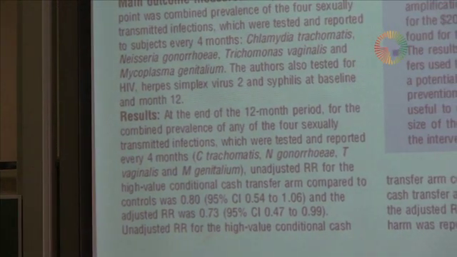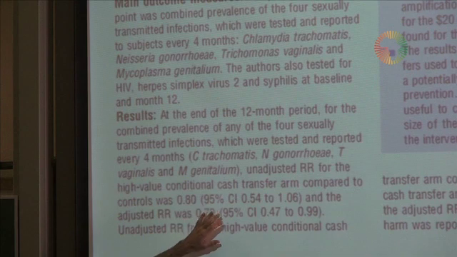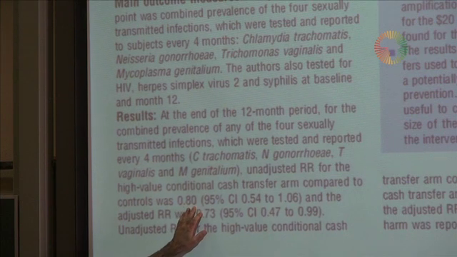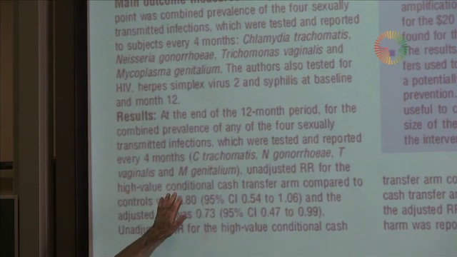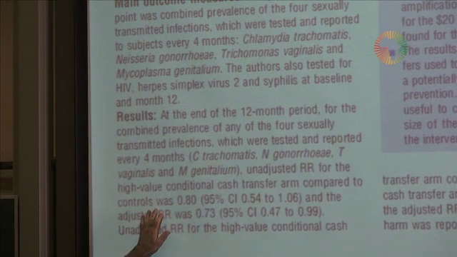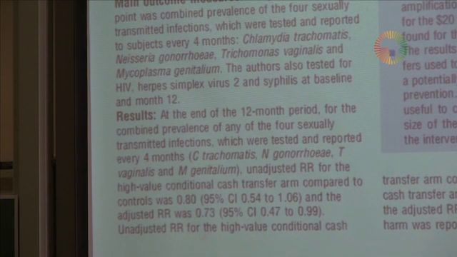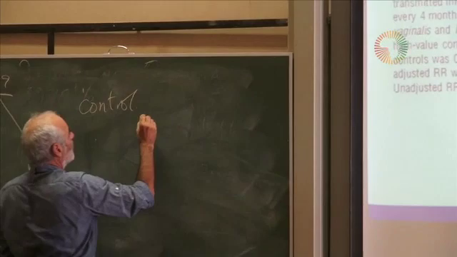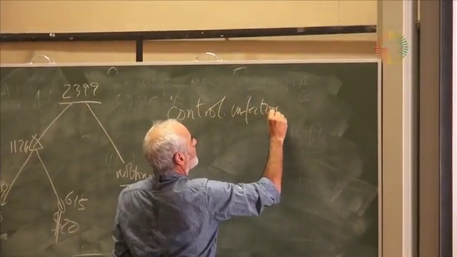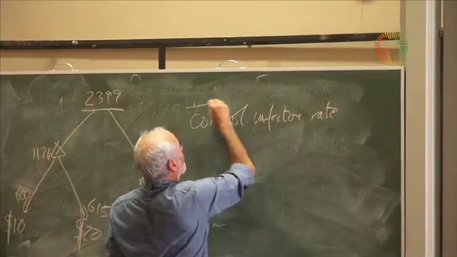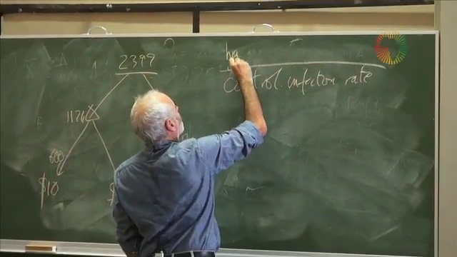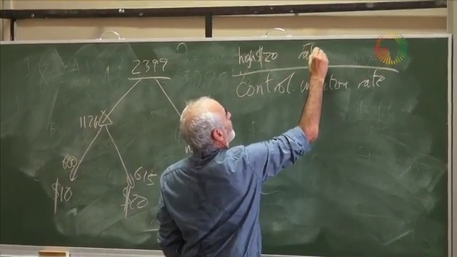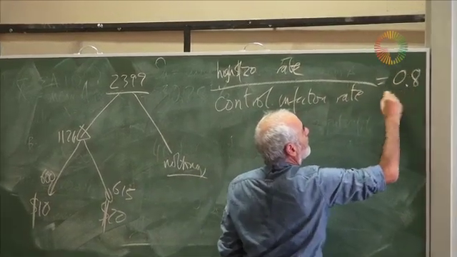Now, I'll talk tomorrow about the details of how you get these numbers. They produce an unadjusted relative risk of 0.8 for the high value conditional cash transfer arm compared with the controls. So that means that the infection rate in the $20 group was 0.8 of the control rate.